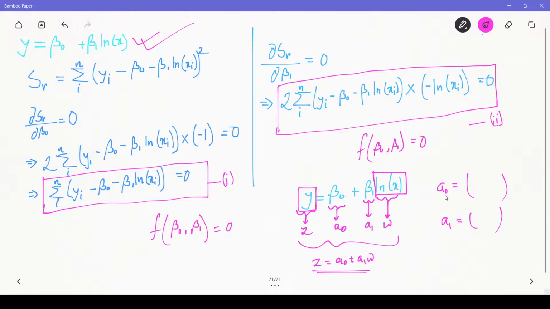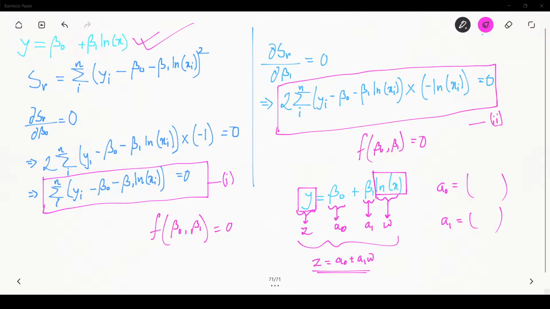One additional thing we have to do is convert the x values to the corresponding w values, just by taking the natural logarithm of them. Now that we know how to linearize our logarithmic regression model, we'll study a simple example and see how it works. Let's go back to the slide.